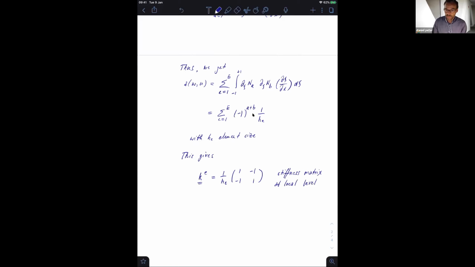And so you see now the stiffness matrix calculation at the local level is much simpler. As soon as we know what the element size is, HE, we can very easily just write down the local contribution for that element. So now we have all these local contributions. The only difficulty is now basically assemble all these local contributions at the right place to construct our global stiffness matrix.